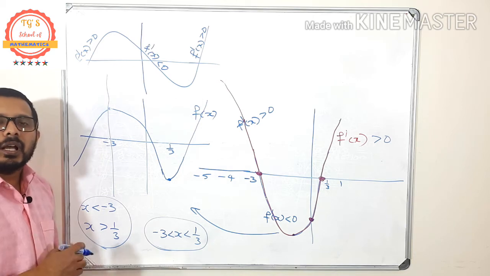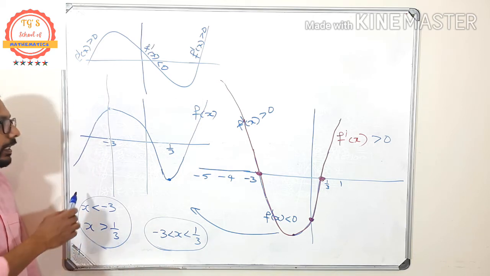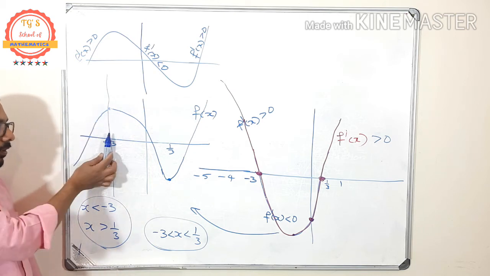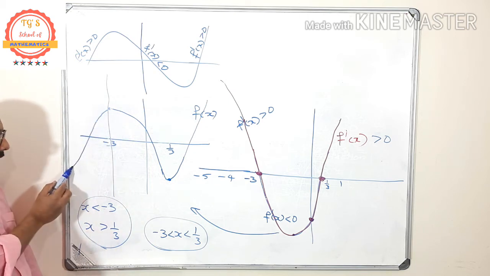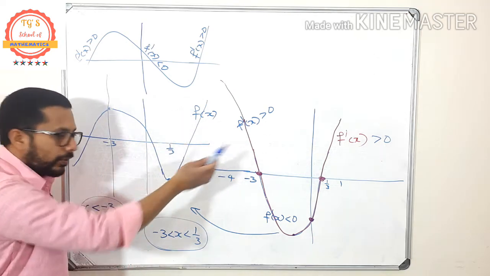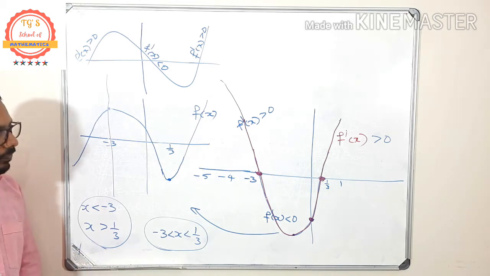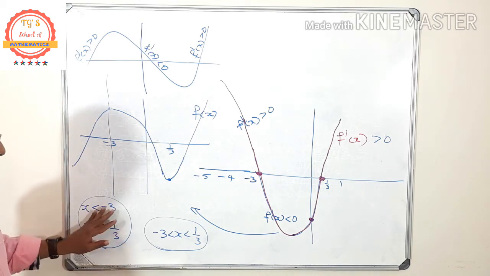Okay, so what is our question? For which values of x is f of x increasing? That means when x is less than minus 3, f of x is increasing. When x is greater than 1 over 3, f is increasing. That is this one. Okay, so this is the answer for that one.